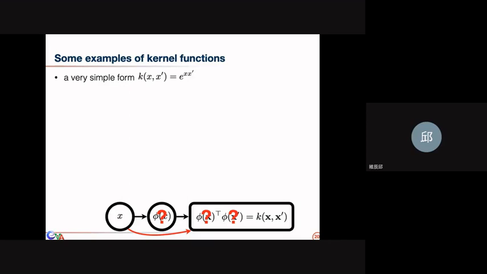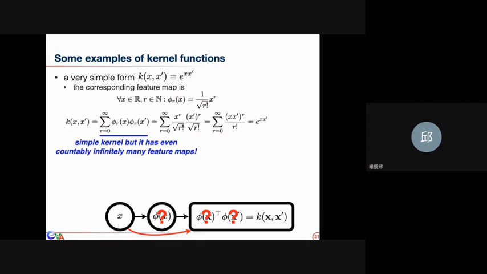This kernel computation basically does the inner product between two data points in the data space, and then performs the exponential. But for this simple form of the kernel function, it is actually related to a very complicated feature representation.